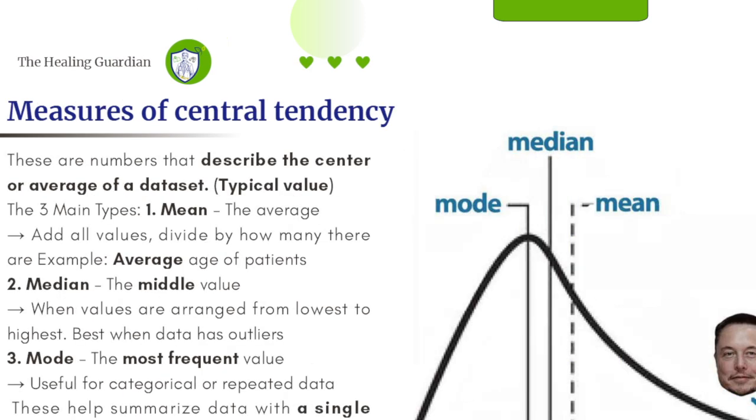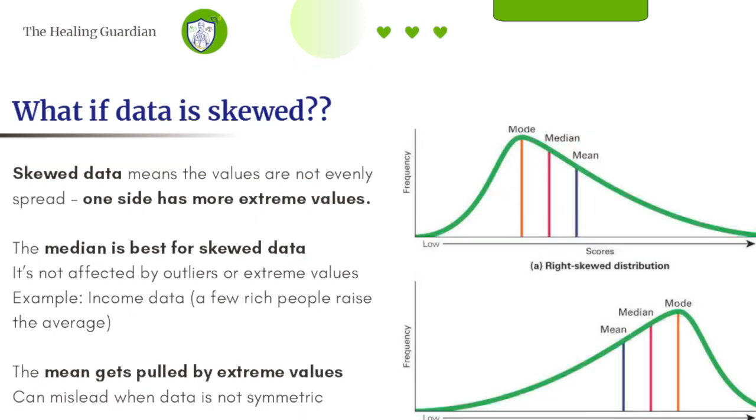In symmetrical data, that is, if it is a normal distribution, the mean will be the best expression of the central tendency. That's why many times when you are dealing with populations, since most natural phenomena follow a normal distribution, the mean is the best measure of central tendency.